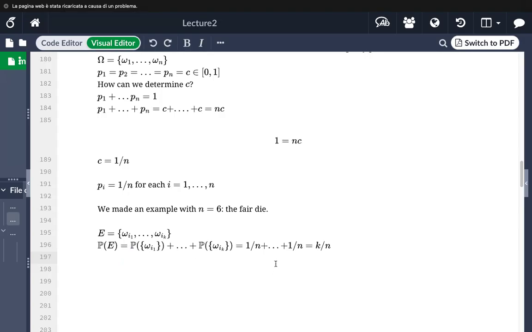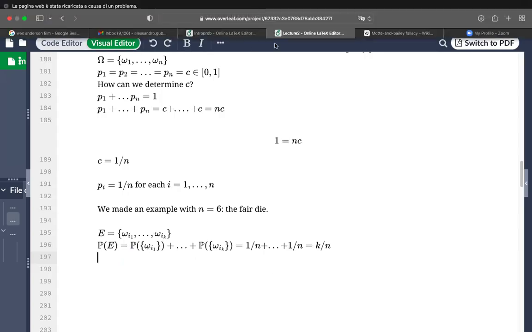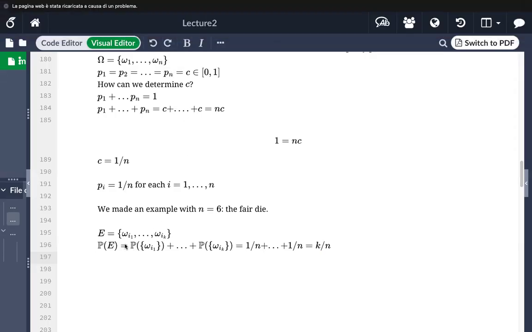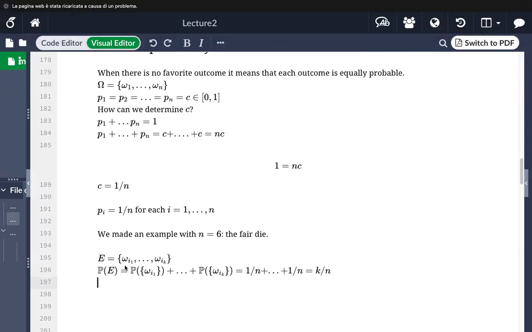Okay, so do you have questions on these computations? So there is an event which has k elements.